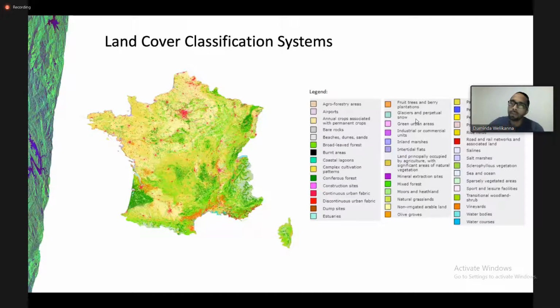This is how most of these survey department maps, most of the time, are being generated recently by satellite image processing and using land cover classification. So by using land cover classification, you can convert these satellite images into useful information about land cover and land use.